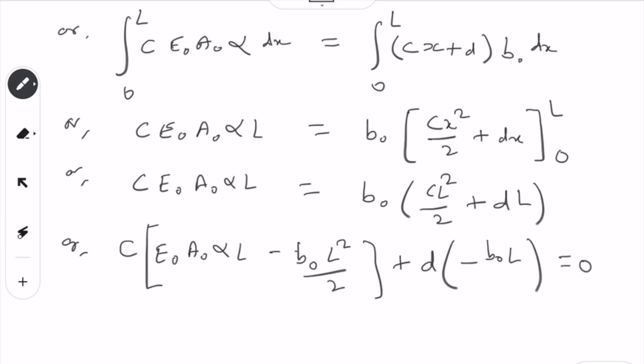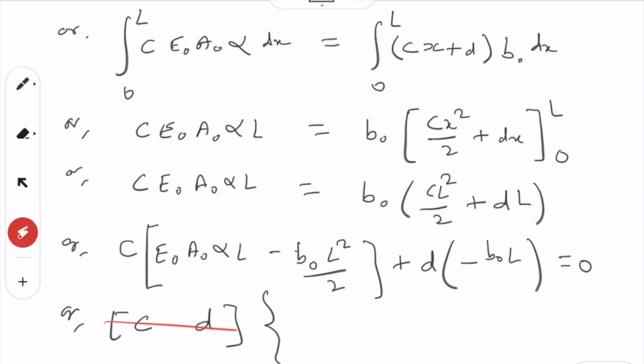We can write this in matrix form. We have C D, multiplied by this, equal to 0.